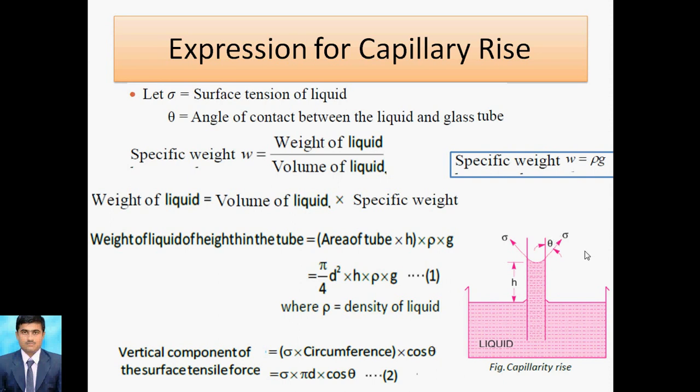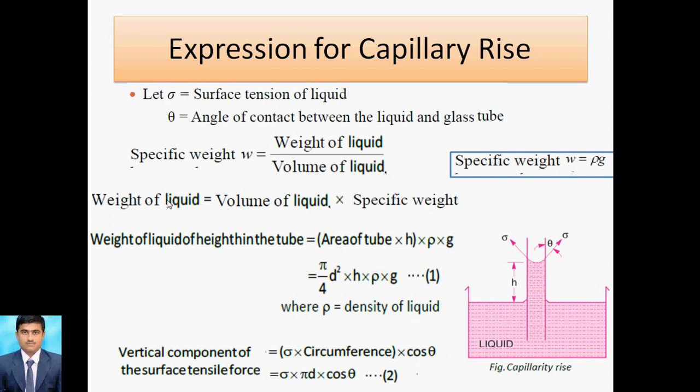It resolves into two components, cos of theta and sin of theta, but we take cos of theta because it tends to 1. If fresh water or clean water is there, then theta will be 0, that means this acute angle will be 0. So that's why we take cos of theta.